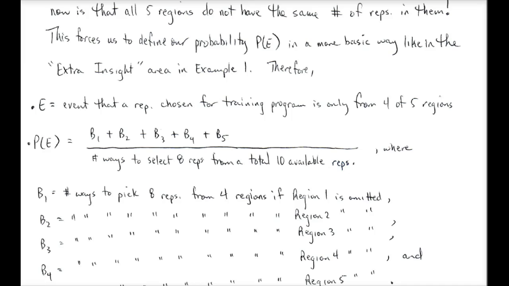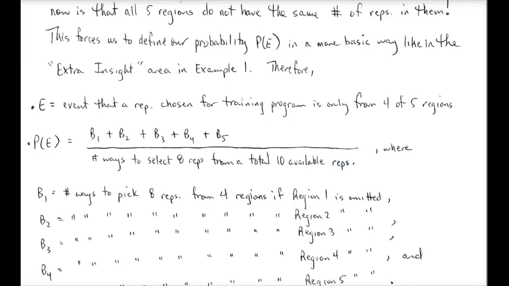And so if you remember in the extra insight part, instead of doing the whole fancy fundamental counting principle thing, I used addition and looked at it in a more primitive sense of saying, all right, if I omit a region, then what are my possibilities for what I have left? And I'm using that same sort of thinking here.